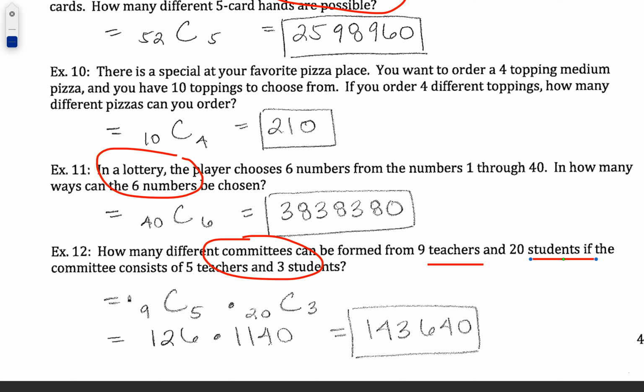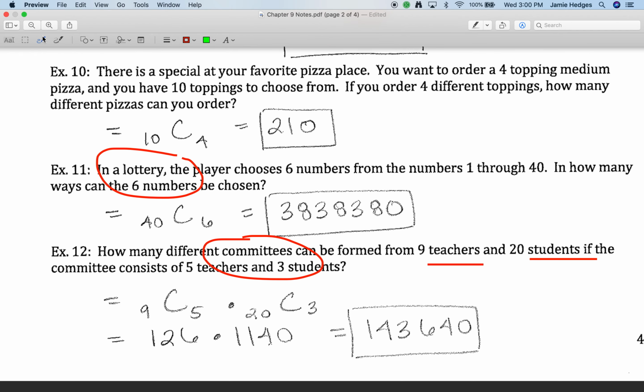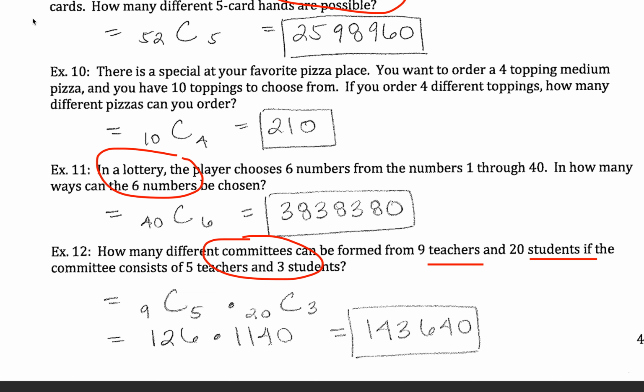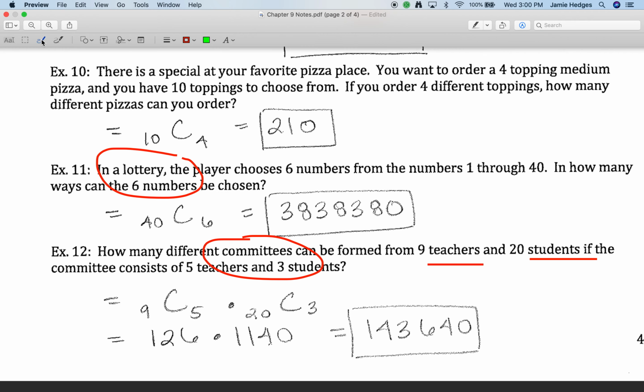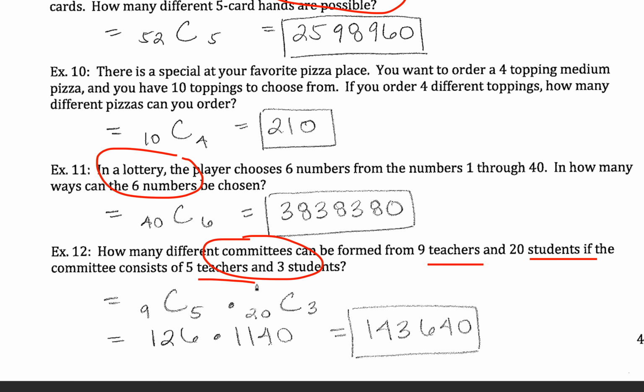So I've got my teacher group right here because I had 9 teachers, and I wanted 5 of them. 9 total teachers, and I'm choosing 5. The easiest way I think to remember this is to think about units. Teachers goes with teachers.